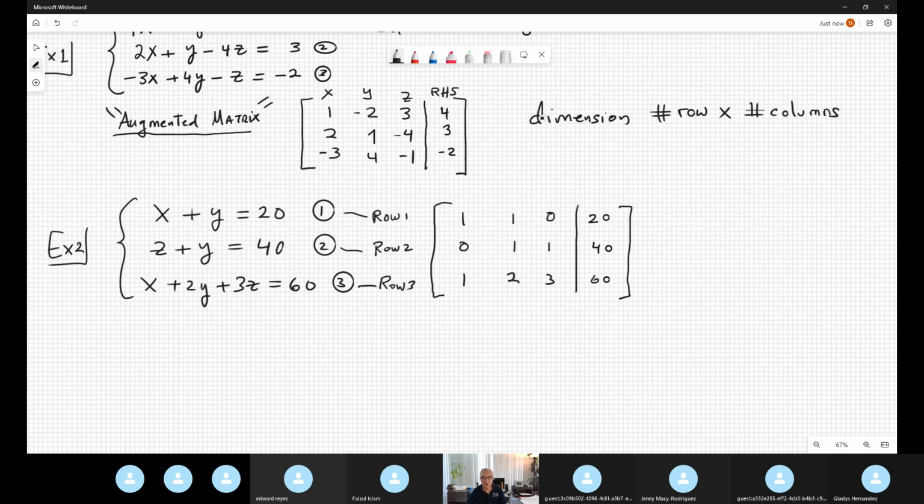So in this case, we have 3 rows, 1, 2, 3, and we have 4 columns: the column of the x, the column of the y, the column of the z, and the column of the right-hand side.